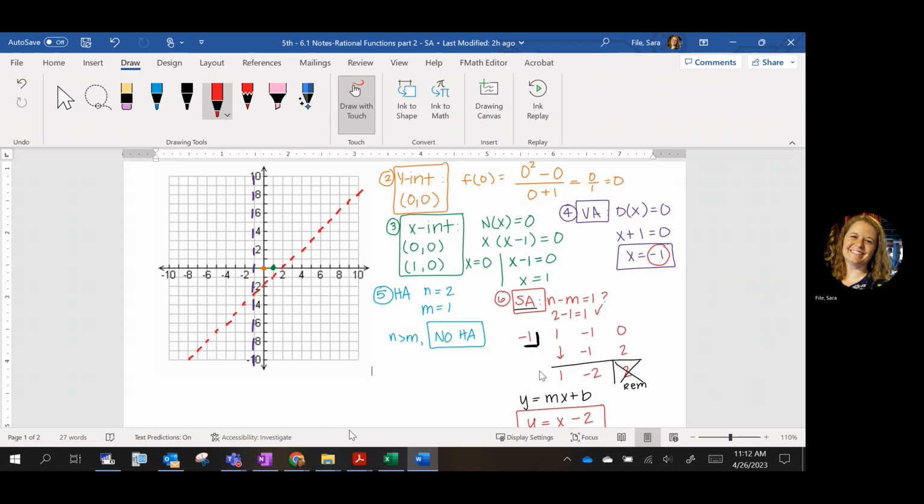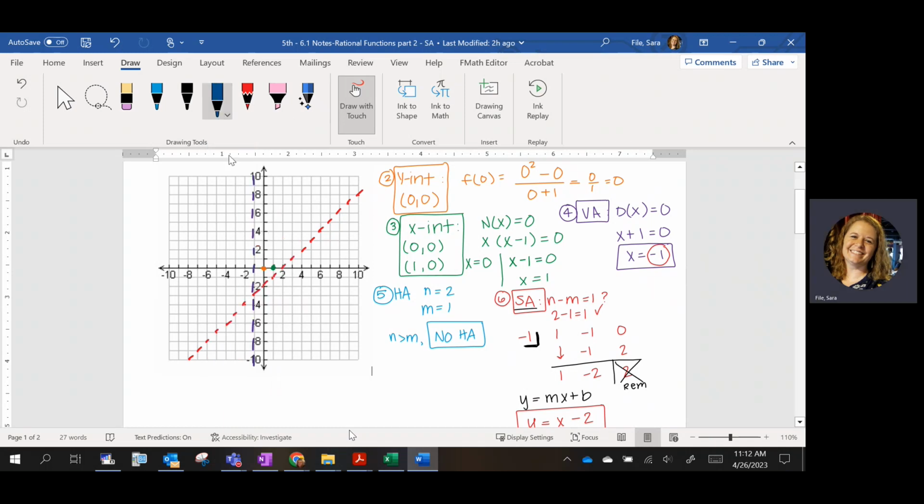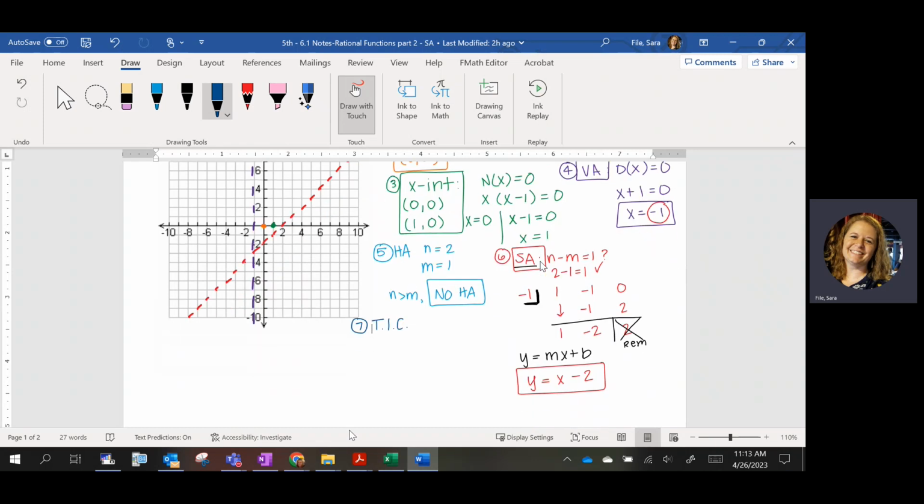Okay. All right. So then step 7 says test interval chart. We have not done that yet because we hadn't done examples where we're graphing the whole thing with all the details. But what a test interval chart is, it can be more complicated.